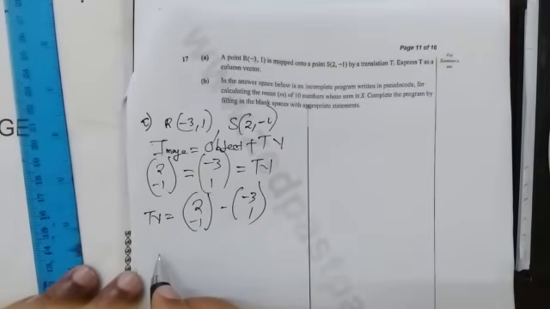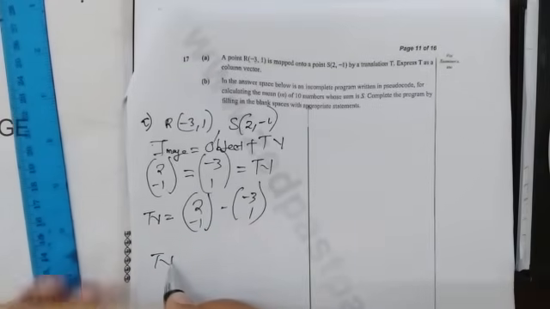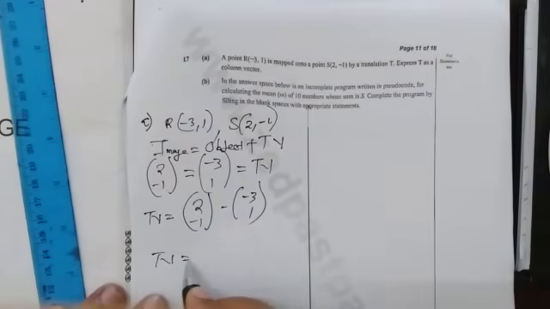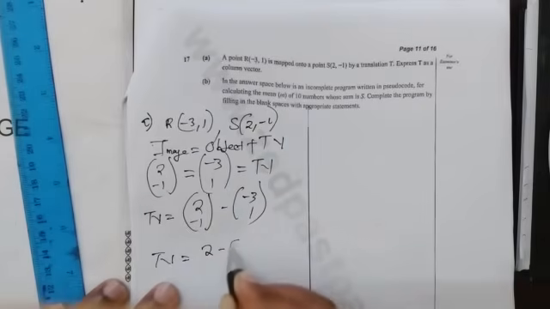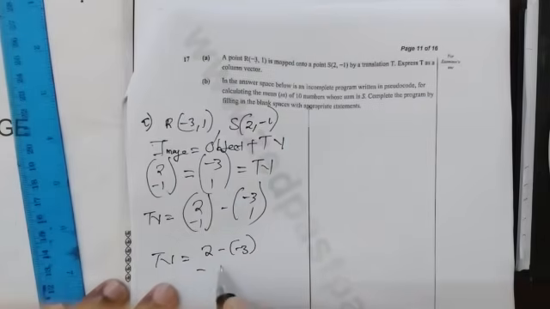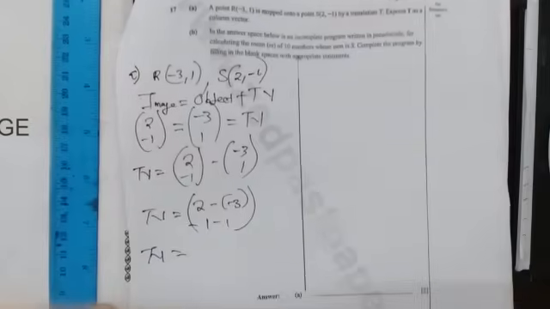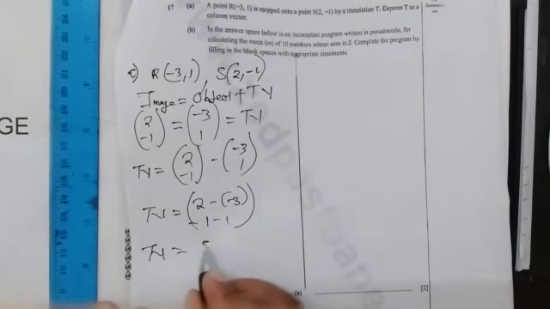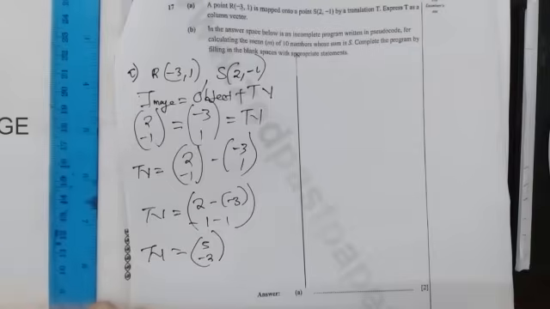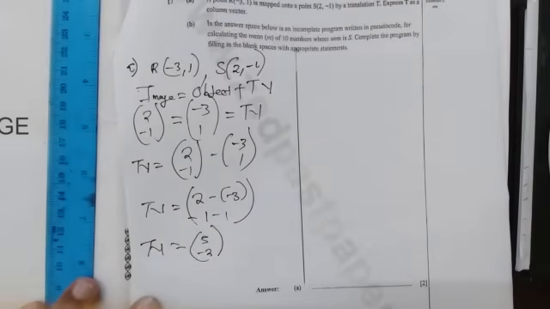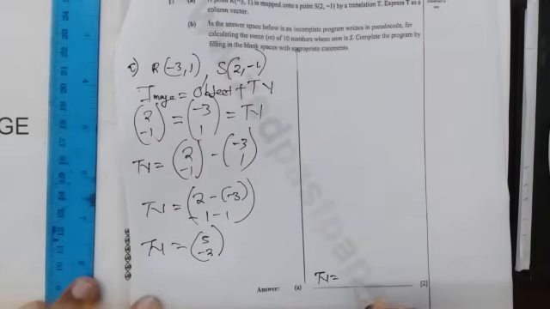So our translation vector is equal to 2 minus -3, -1 minus 1. That is 2 plus 3, 5, and -1 minus 1, -2. So that is our answer. Here you have translation vector is 5, -2.